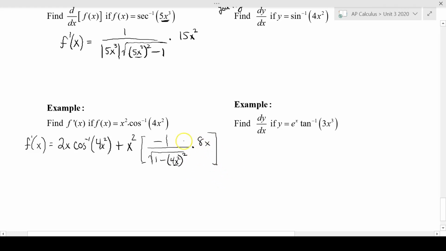I would probably call the final answer, I would say minus 8x cubed over 1 minus, what is that, 16x to the 4th. So I would just fix this second term. The first term looks fine the way it is, 2x cosine inverse 4x squared. So anyway, on a multiple choice test, it might be like that, or it might even have a common denominator. So watch out for that.